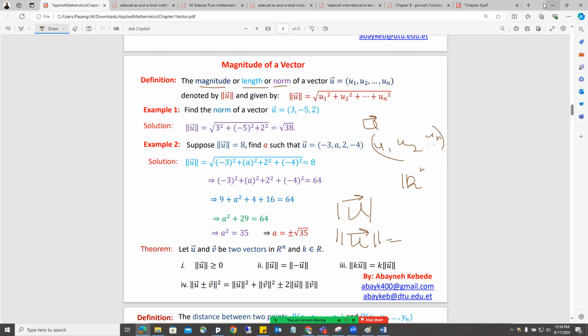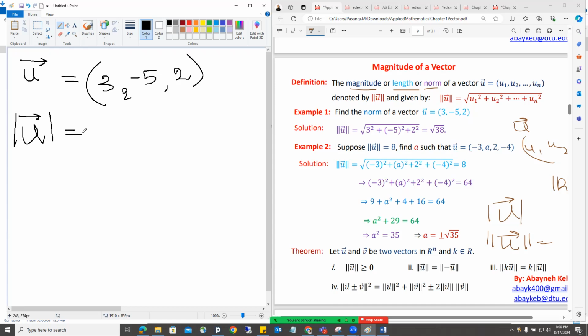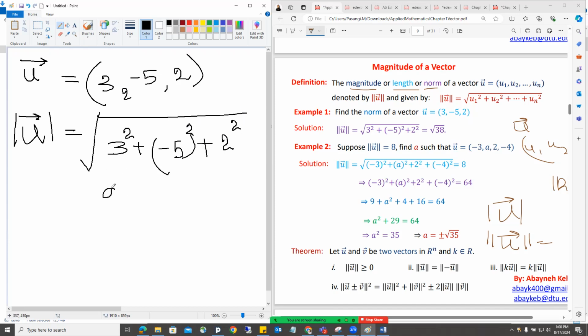For example, let's assume you have the vector u as 3, minus 5, and 2. Then the magnitude of the vector u, or the norm, or the length of the vector, is the square root of 3 squared plus minus 5 squared plus 2 squared. So 3 squared is 9, minus 5 squared is 25, 2 squared is 4.